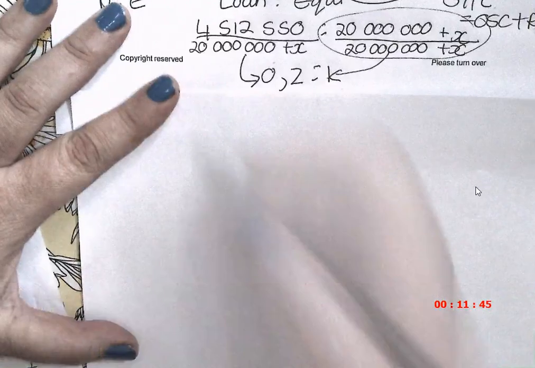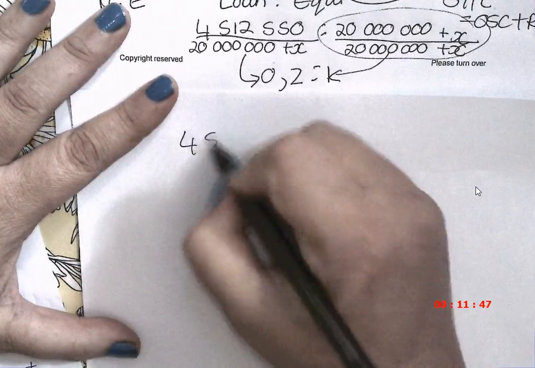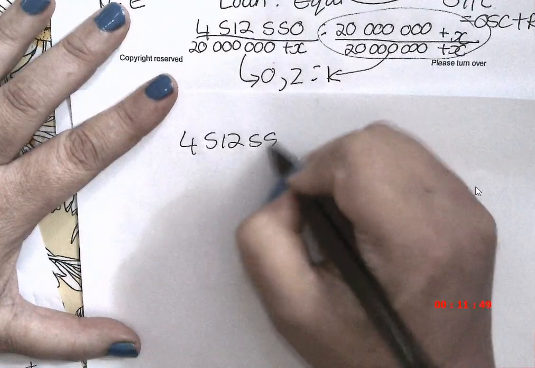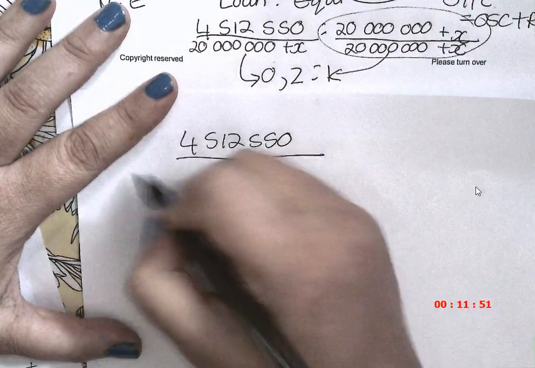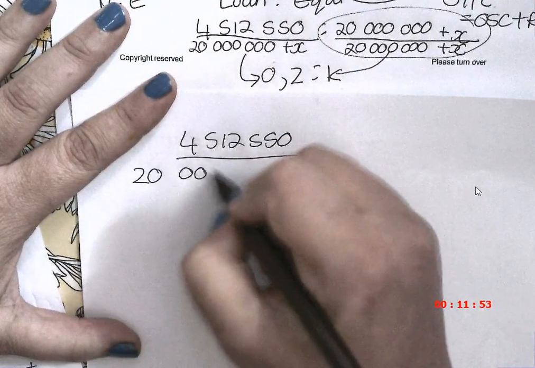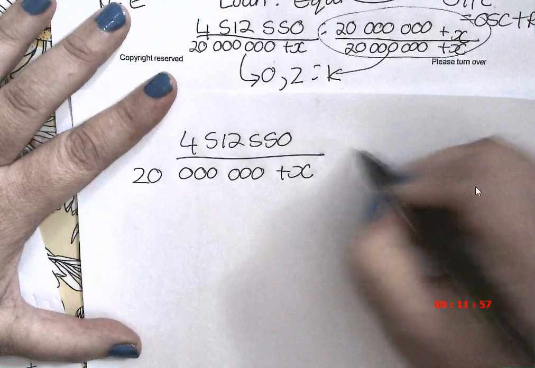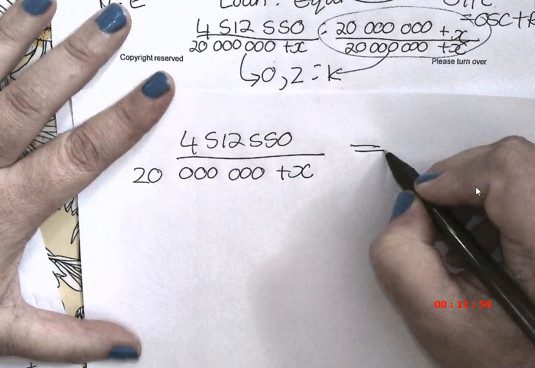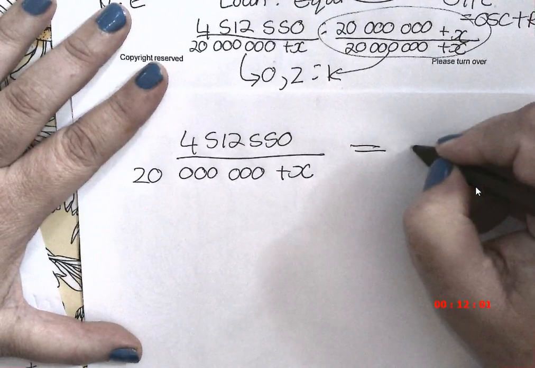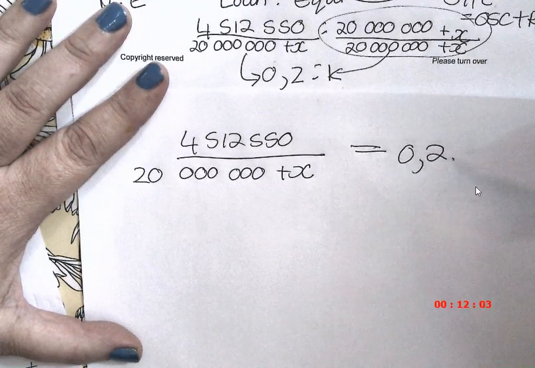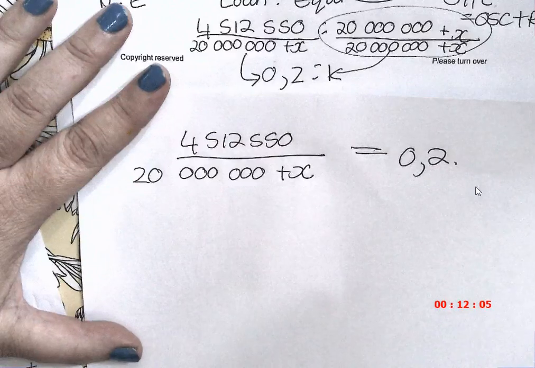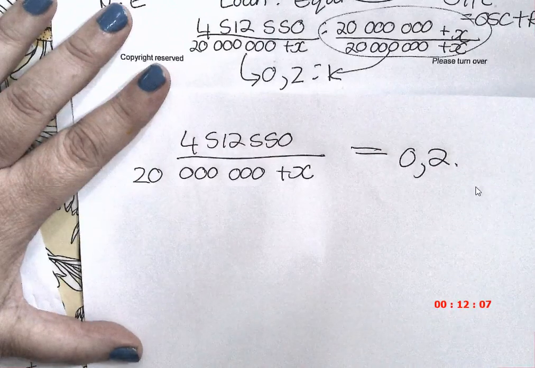So let's go write it down for ourselves. 4512550 divided by 20 million plus X will equal 0.2. Right. So everybody sharp with that one.